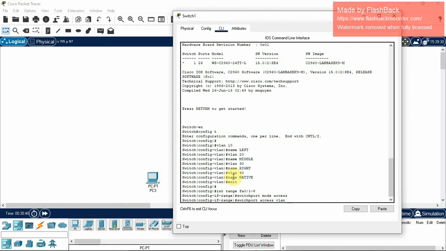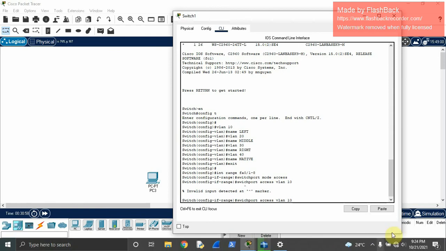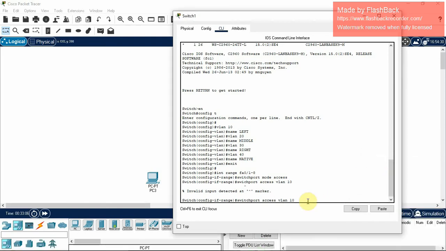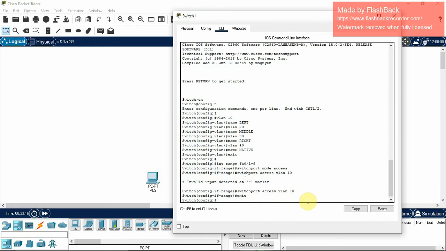Start with VLAN 10. So here we're going to configure the switchport on VLAN 10. And then from there we exit, go to the next VLAN.